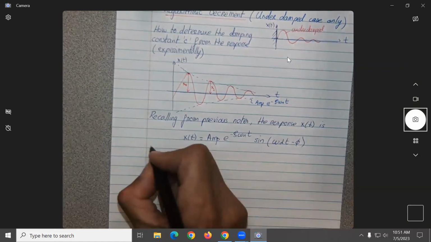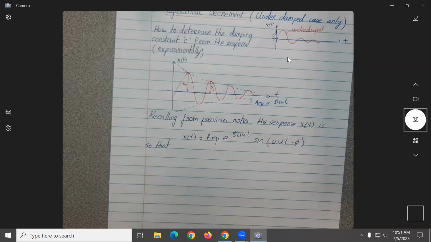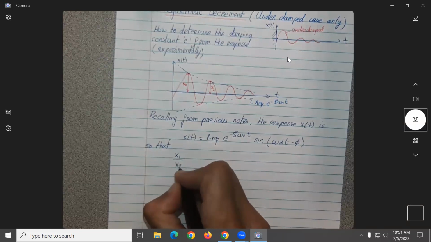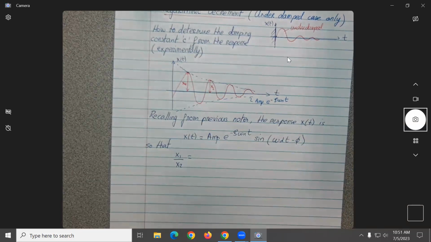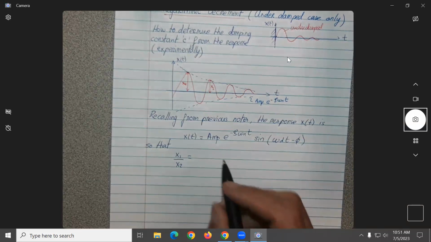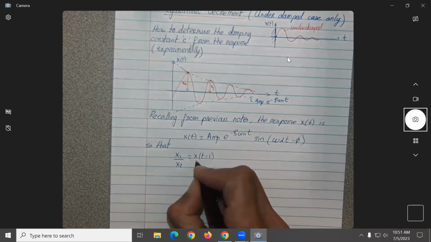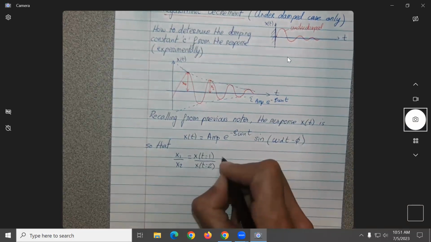Okay, so in order to find the damping, what I'm going to do is just to find the ratio of X1 over X2, no? In that case, it will be equal to what? This should be equal to X at T equal 1 over X at T equal 2, whatever that is.